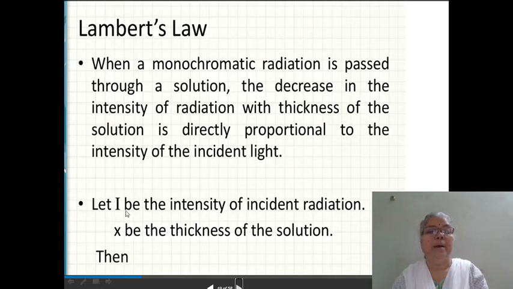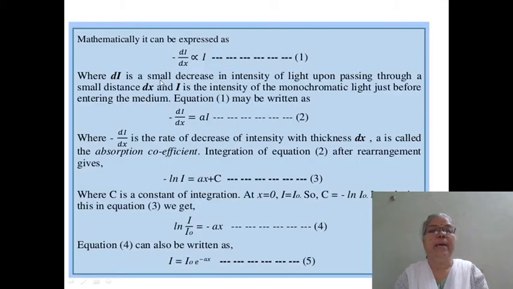Let us consider that I is the intensity of incident radiation and x is the thickness of the absorbing medium. Then mathematically, Lambert's law is written as follows: the intensity of incident radiation decreases with thickness.